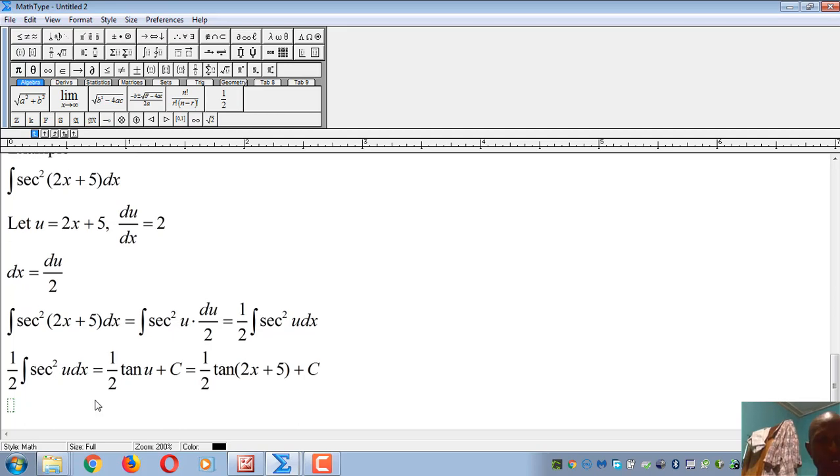So in a nutshell, if you are given something like sec squared of (ax plus b) dx, it's quite easy and straightforward.